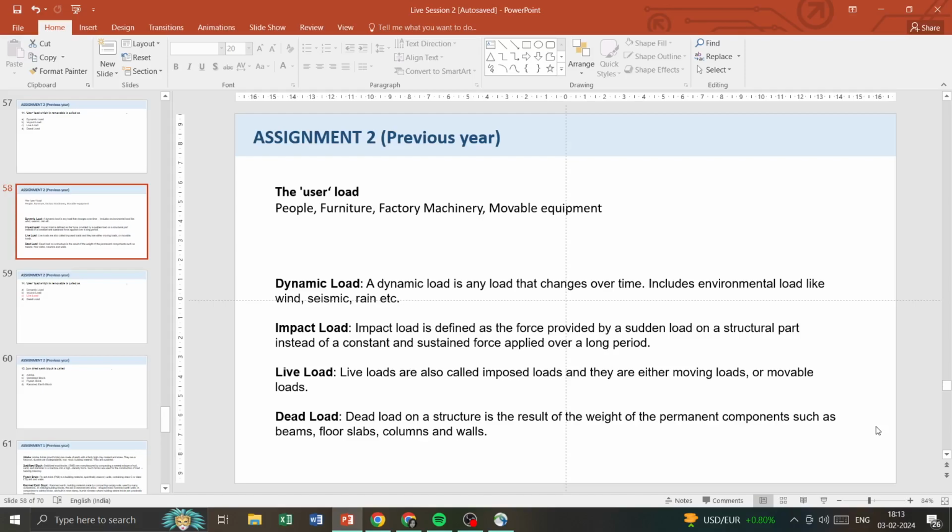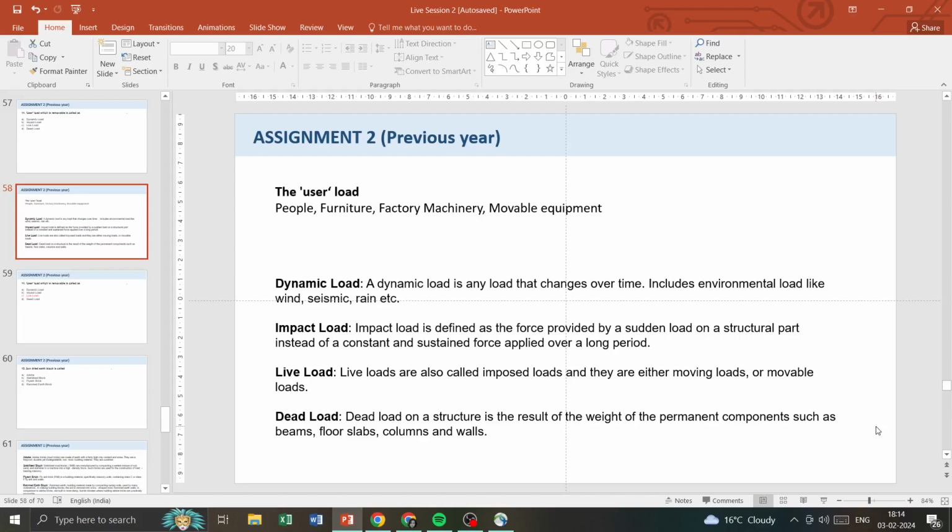Then what is live load? Live loads are loads that are user based loads, that they are moving loads. They are called live load because they can be moved from that place. For example, let's consider a building or even a classroom.